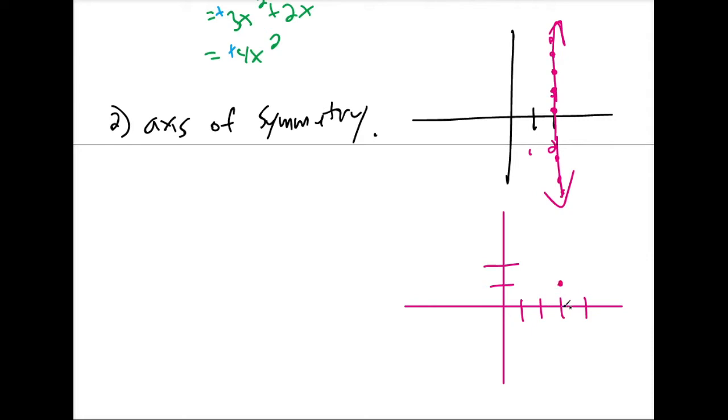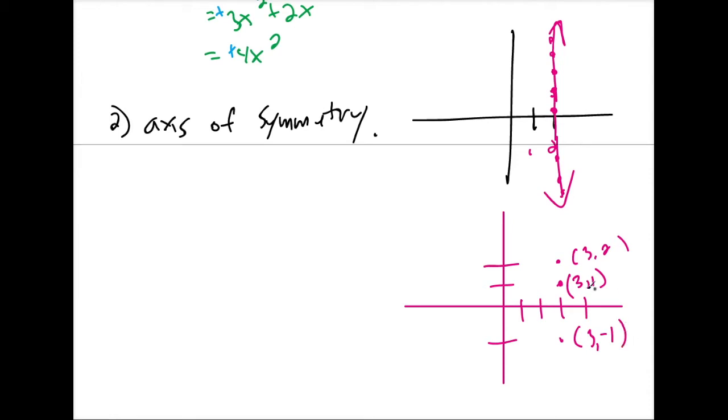What is this coordinate right here? It's 3, 1. And what is this coordinate right here? 3, 2. And this one? 3, negative 1.